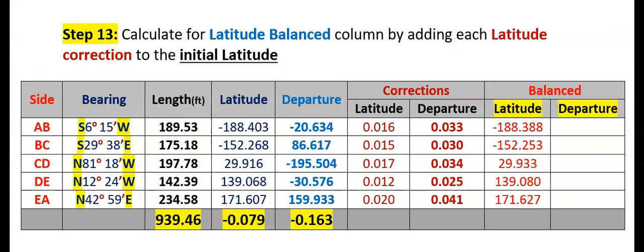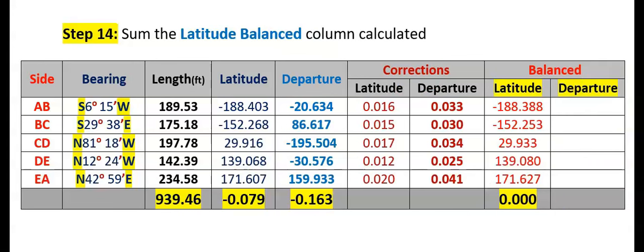Next, for CD, the earlier latitude plus the corrected latitude will give you the balance, and you can do the same for others. Next, step 14. Sum the latitude balance column. That is, this plus this plus this plus this plus this. If you compute this very well, you are going to get this to 3 decimal places.